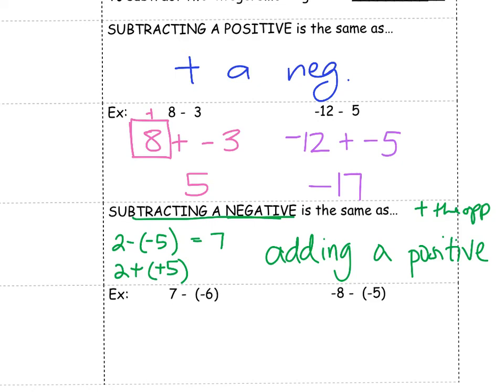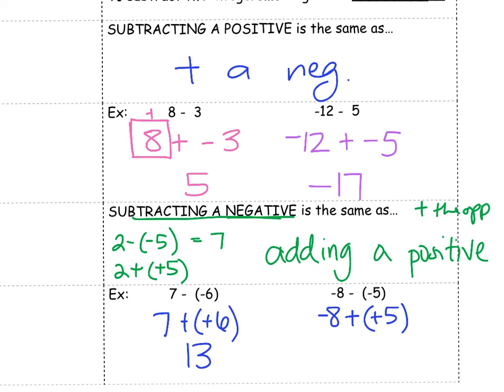So looking at that first example, 7 minus negative 6, it's really 7 plus a positive 6. Well, 7 plus 6 makes 13. Negative 8 minus negative 5 is the same as negative 8 plus positive 5.